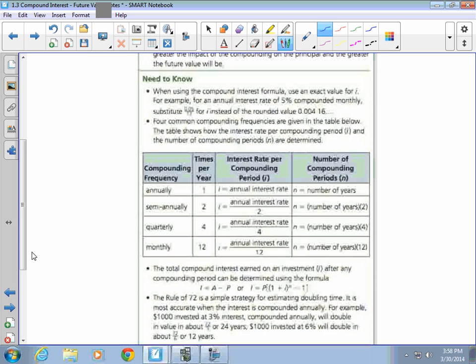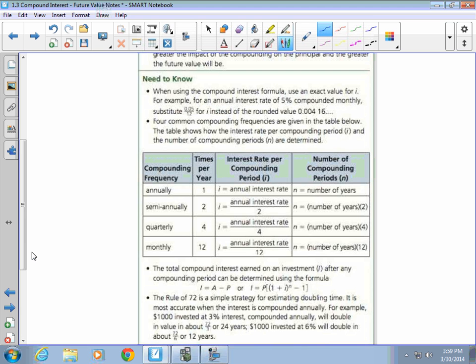It says when using the compound interest formula, use an exact value for i. For example, for an interest rate of 5% compounded monthly, substitute 0.05 divided by 12 instead of rounding it to 0.0416. That's why when I was putting the questions in there, if it didn't work out to an exact value and it was rounded, you put it in your calculator as that fraction so that it can give you a more accurate answer.